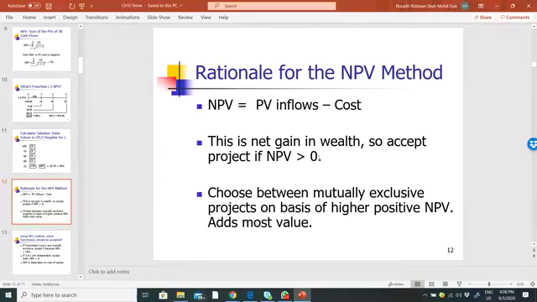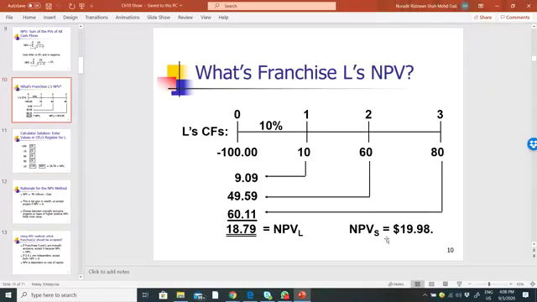If its NPV is greater than zero, you can accept. Below zero, then you reject. If you have to choose between mutually exclusive projects, choose on the basis of higher positive NPV because it adds the most value. So in this case we choose project S, because we have to choose either one, since our capital is 100 only.